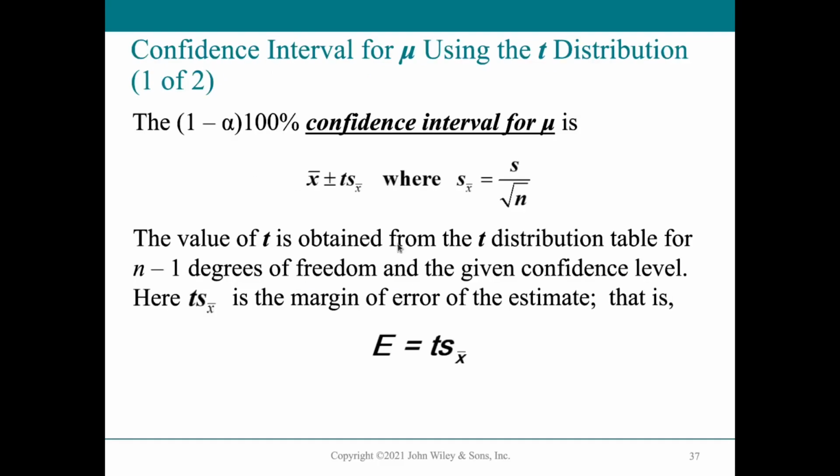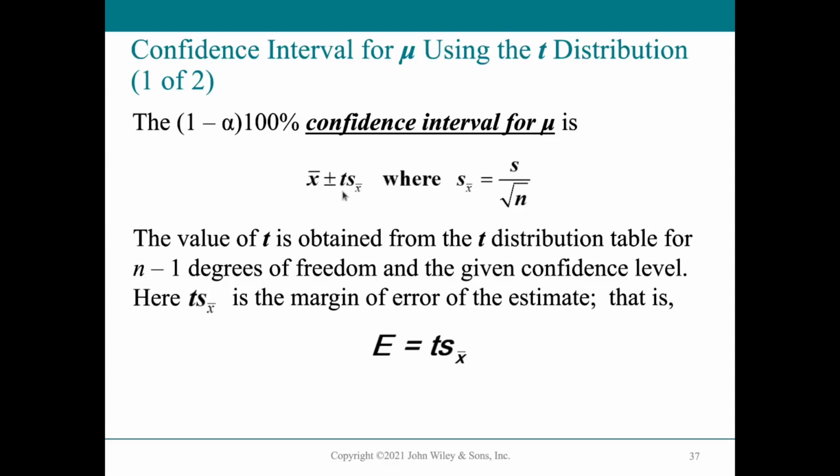So how about applying the confidence interval using our T distribution? For a certain percent confidence interval for the parameter, the population mean, this is very similar to how we did it previously when we knew the population standard deviation.